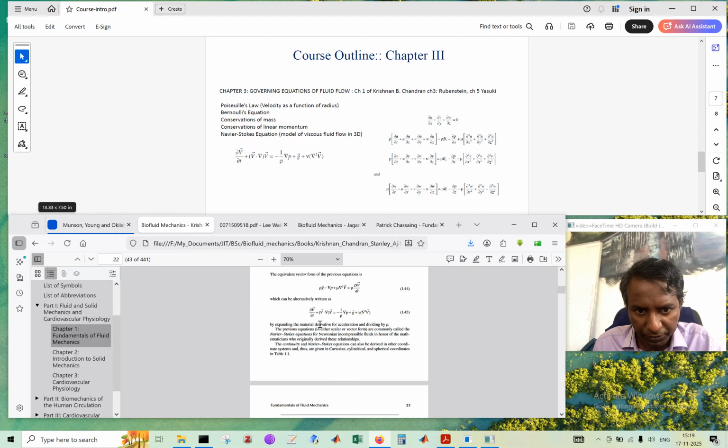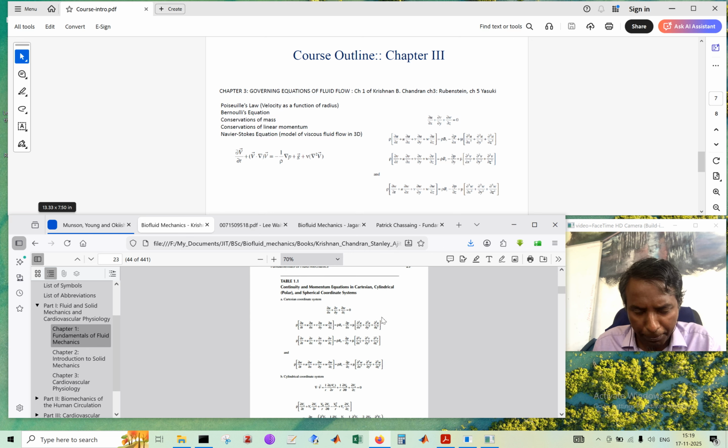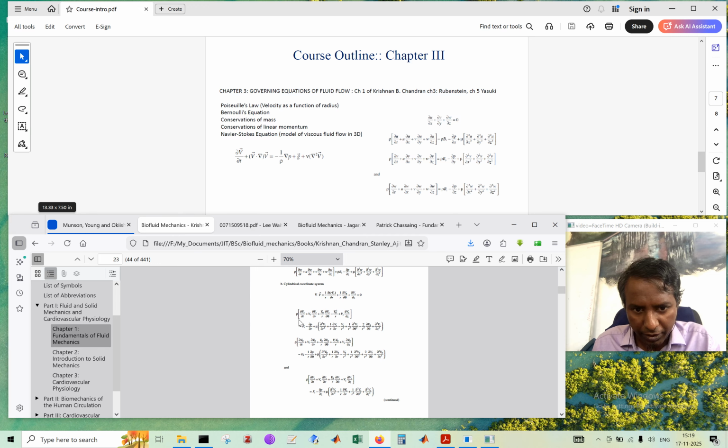This is a vector form of the Navier-Stokes equation, and this is the differential form of the Navier-Stokes equation in Cartesian coordinates, and it can also be transformed to cylindrical coordinates.